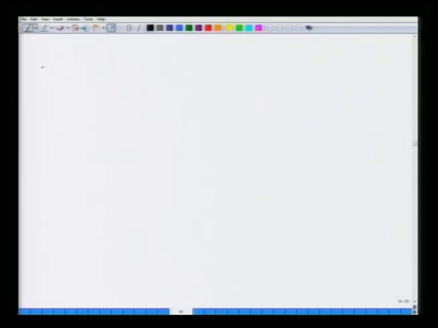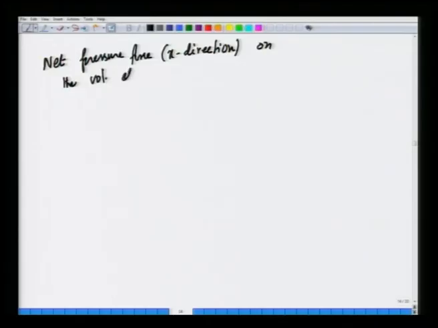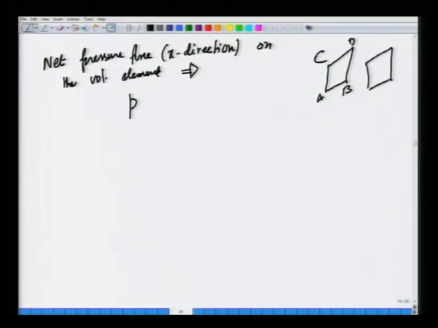So, if such is the case, then the net pressure force in the y direction on the volume element is given by the force on the phase ABCD and the force on the phase EFGH.